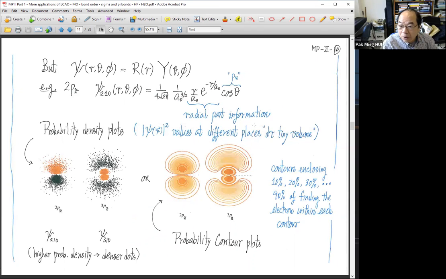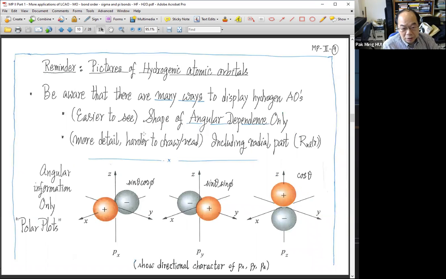But there are other plots that are just as useful and contain a little bit more information. In some way, plotting the S or P orbitals, we also want to carry the radial wave function information. The previous polar plots only contain the Y_lm theta phi information.